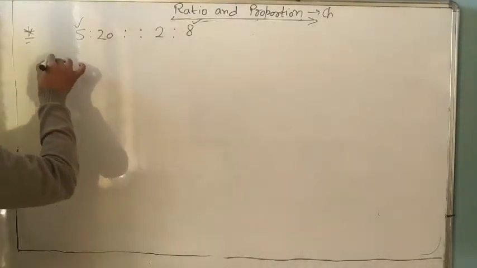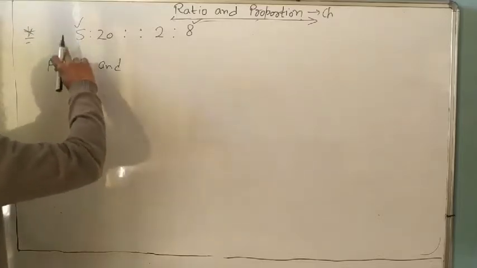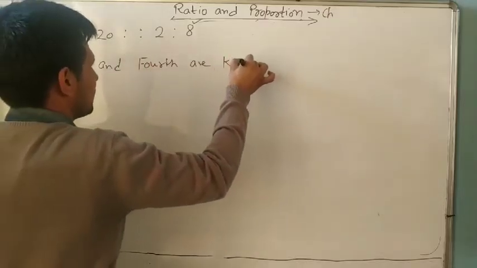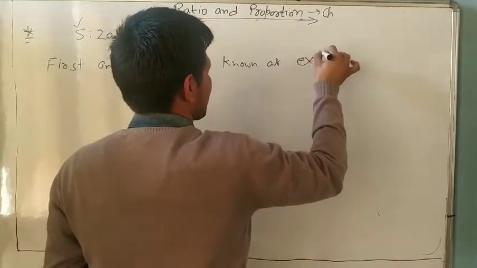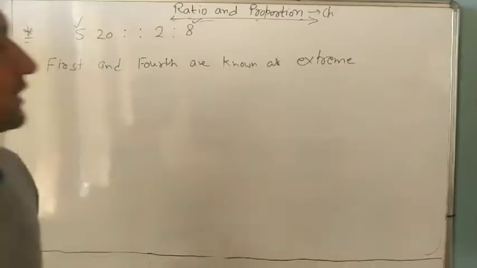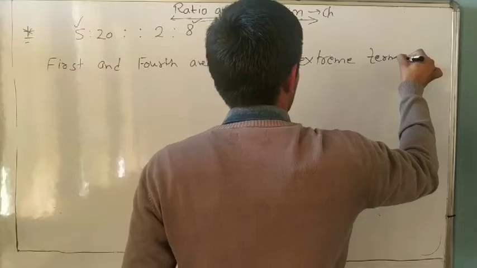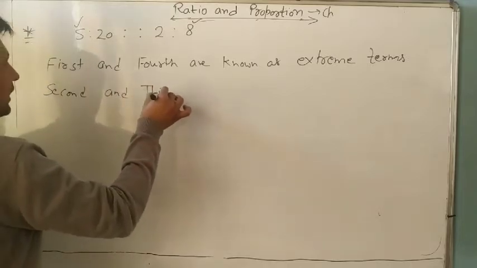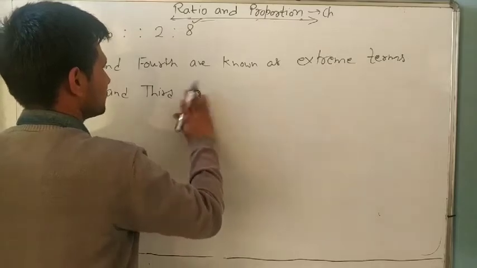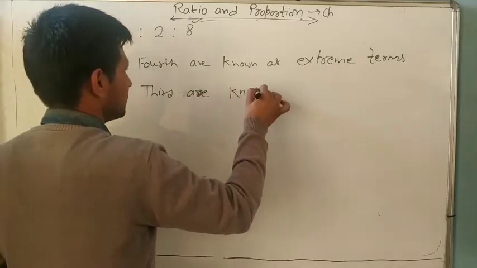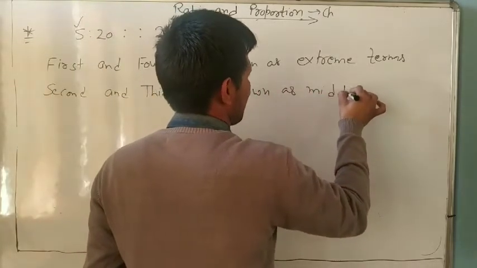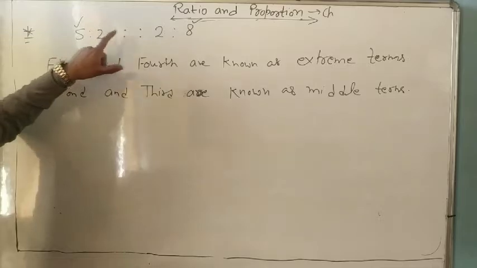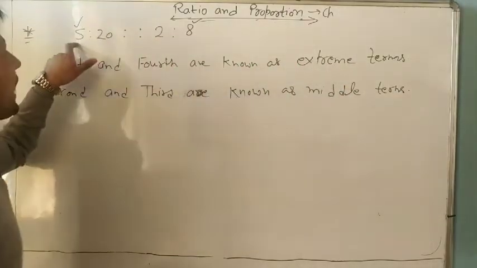So always remember, in two ratios the first and fourth are known as extreme terms, and the second and third are known as middle terms. If the examiner asks which are the middle terms, they are 20 and 2, and the extreme terms are 5 and 8.